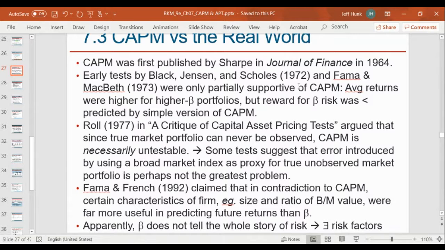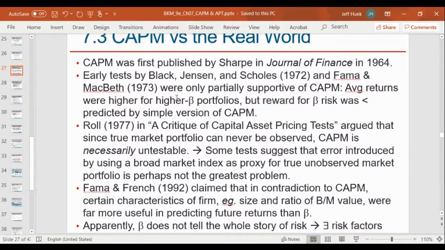These scholars tested it, and Eugene Fama and Kenneth French are also strong household names in finance.